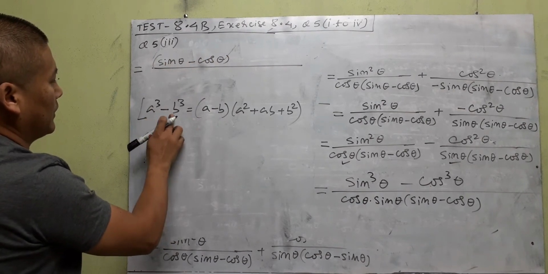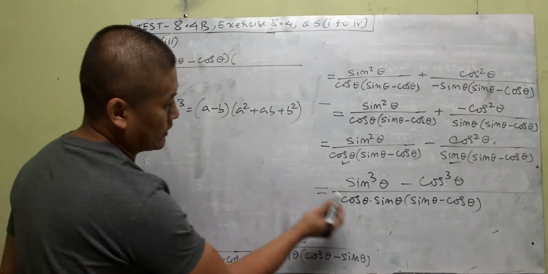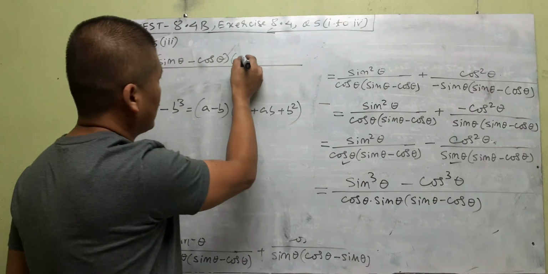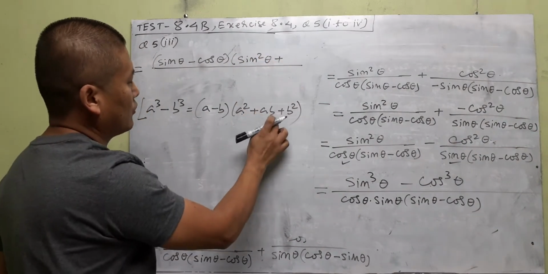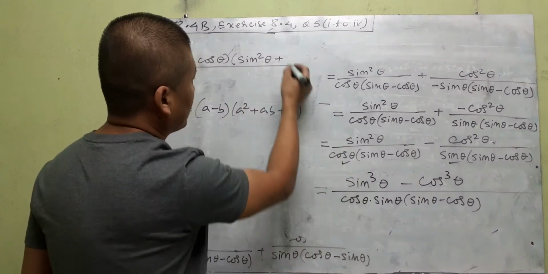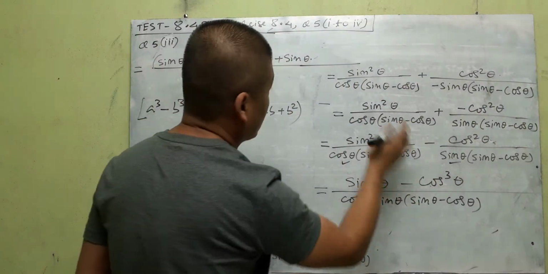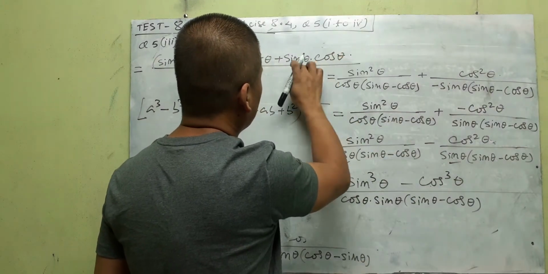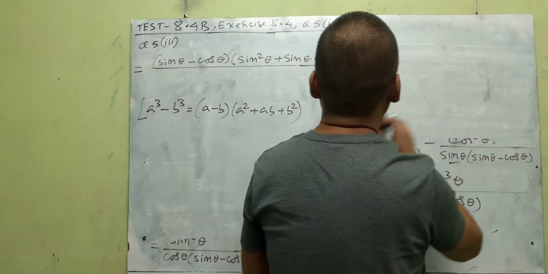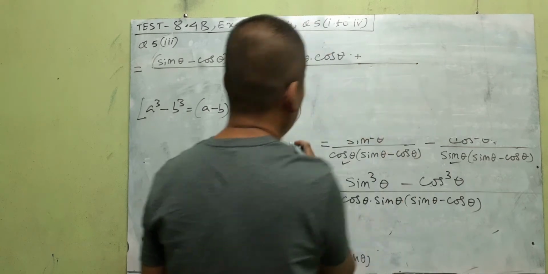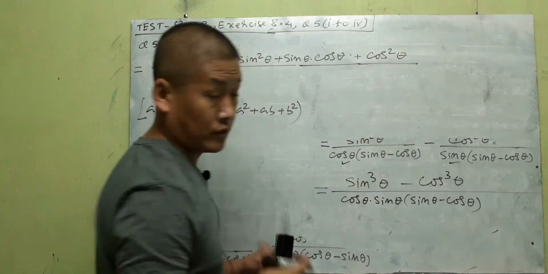So a minus b, into a square, which is sin square theta, plus a into b, which is sin theta into cos theta, plus b square, which is cos square theta.